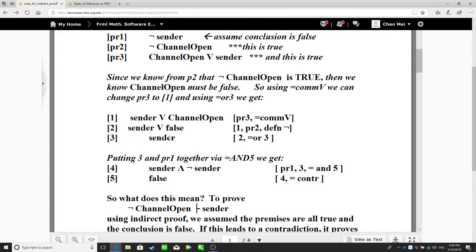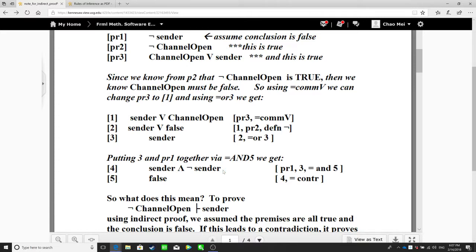We know from number 3, sender is true, right? It is a direct contradiction because sender has to be false in PR1, right? Because negation sender is true, so sender has to be false. So for all those to be true, it requires that we have the deduction that sender and negation sender is true, which is impossible, right? So there is a contradiction there.